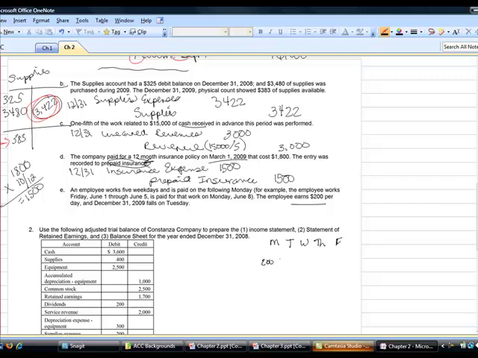They get $200 per day. When does it end? It is on Tuesday. December 31st is a Tuesday. So I need to expense $400, right?